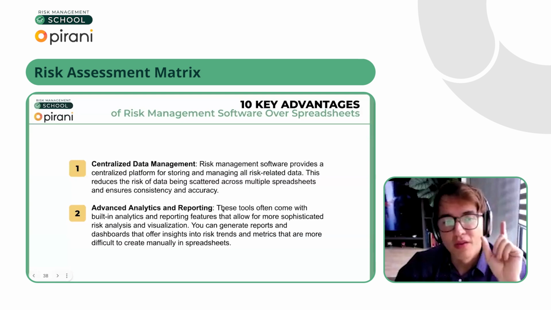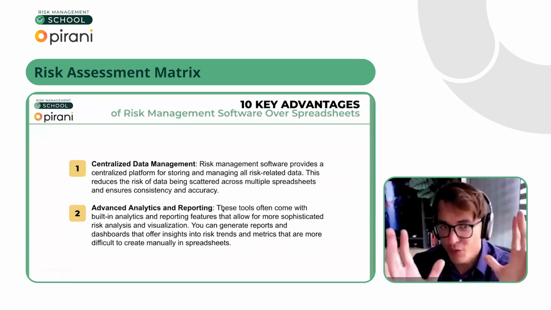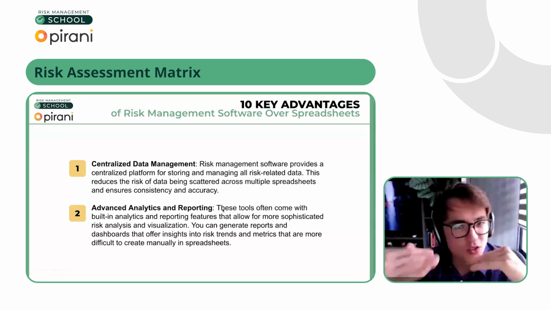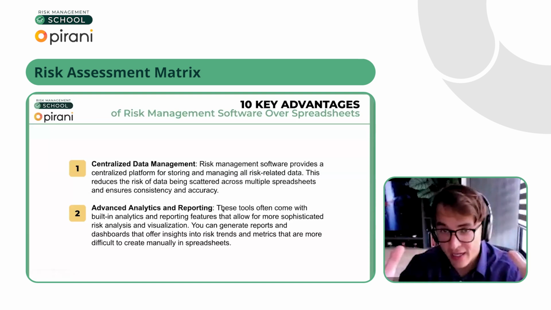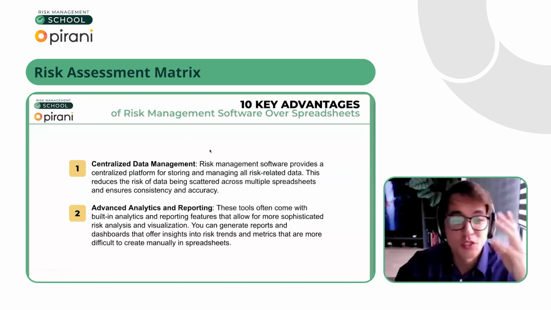The first one: in a software, you will have centralized data management. Risk management software provides a centralized platform for storing and managing all risk-related data. This reduces the risk of data being scattered across multiple spreadsheets.